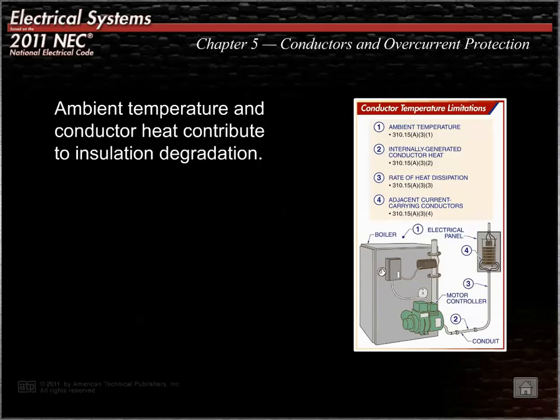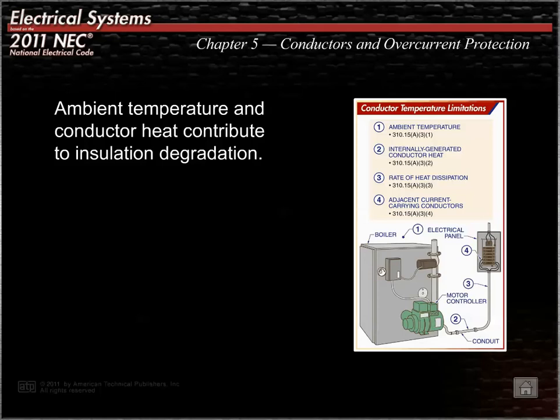The common factors that can contribute to conductor insulation degradation because of excessive operating temperature are listed in Article 310.15(A)(3). The first factor is the ambient temperature in which the conductor insulation shall operate. The second factor is the internal heat created in the conductor as a result of current flow.